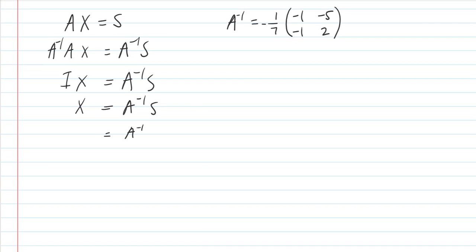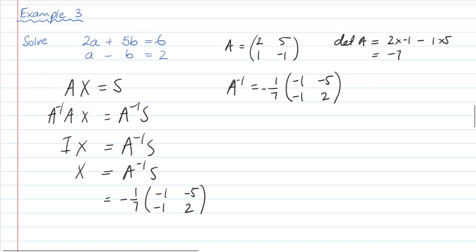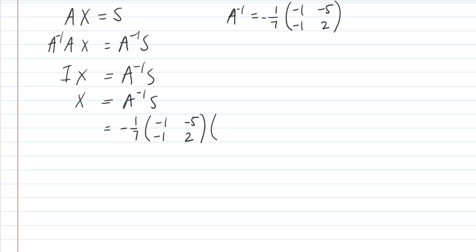A inverse S is equal to negative 1 over 7, negative 1, negative 5, negative 1, 2, times S, which is 6, 2. So negative 1 over 7, negative 6 minus 10 is negative 16, negative 6 plus 4 is negative 2, and I've got negative 1/7, so it becomes 16 over 7, 2 over 7 is my solution.